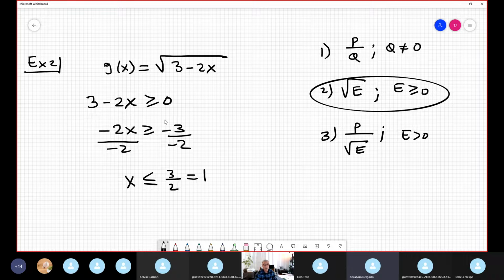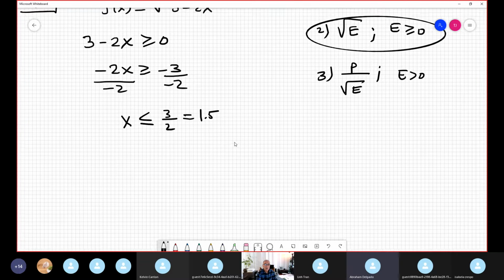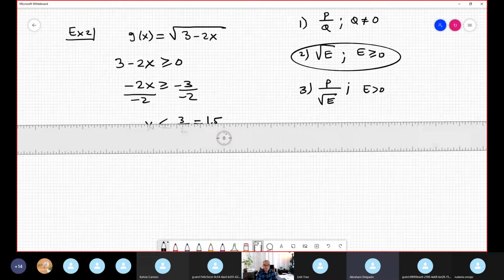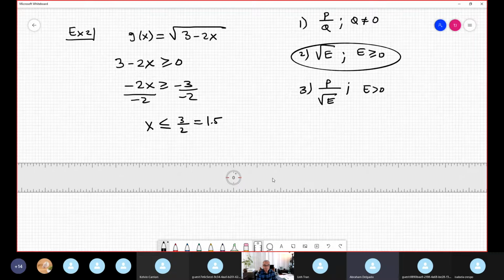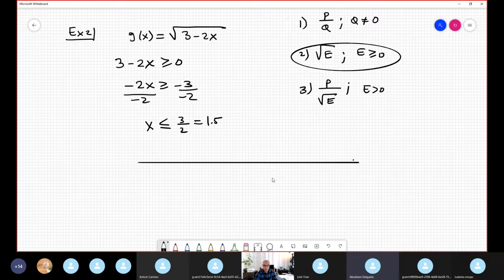3/2 is 1.5. Let me represent this domain on the number line. This is infinity positive, this is infinity negative, this is 0, 1, 2, and 1.5 is in between 1 and 2 here.